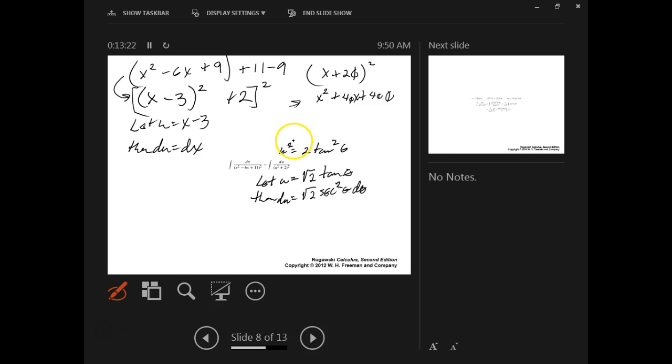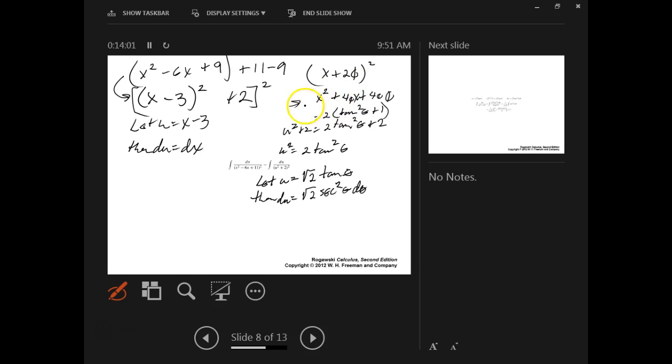And then u squared plus 2 would be 2 tangent squared theta plus 2, right? And that is 2 times tangent squared theta plus 1. What's tangent squared theta plus 1? Secant squared theta.